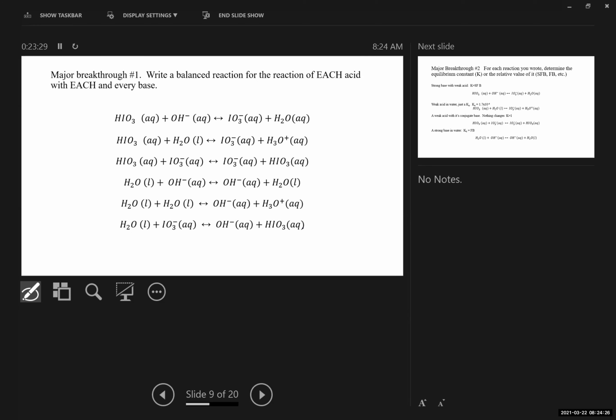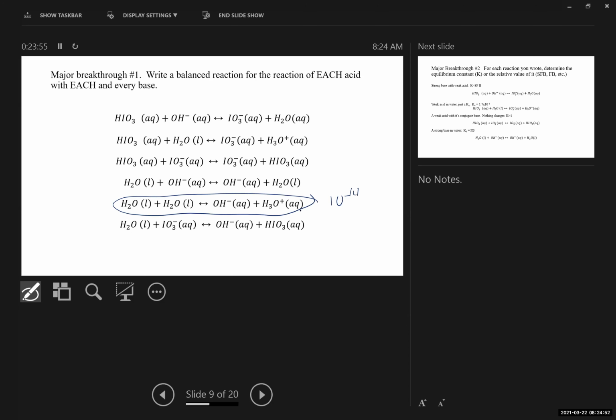Which ones do we know right off the bat? Feel free to play on the chat. I'm looking at it. Which ones do I know? Kw from in the room. So this is 10 to the minus 14.